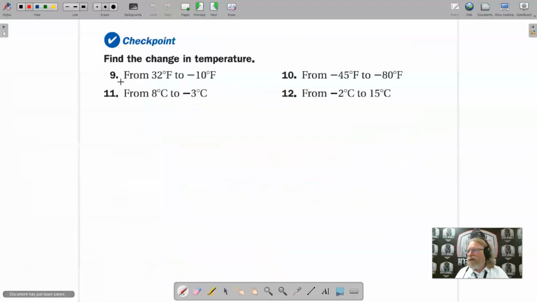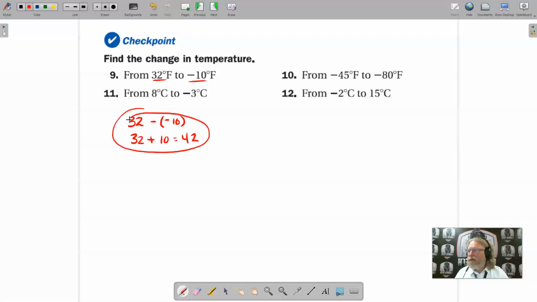So here we have temperature changes, 32 degrees to -10. Well, 32 is the greater value, and we want to find the difference between that and -10. So we'd have 32, change the sign, opposite of -10 is +10, and that would be 42.